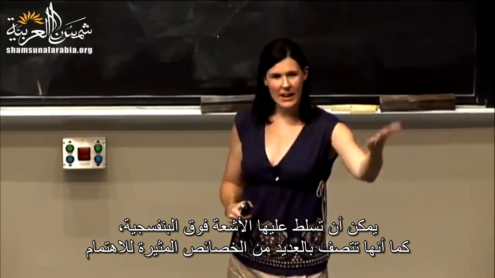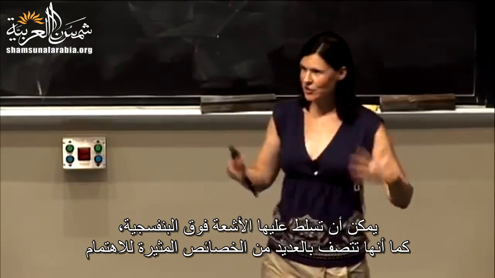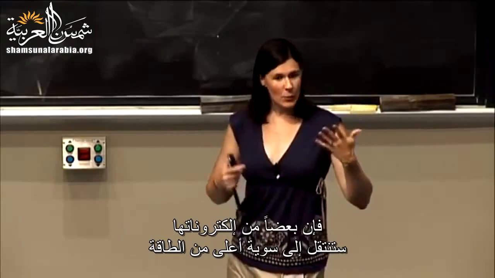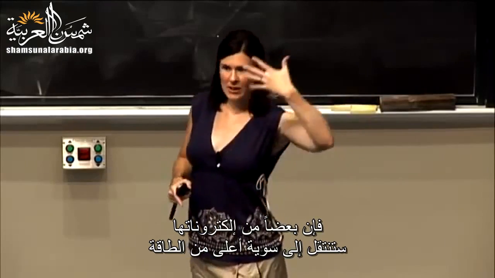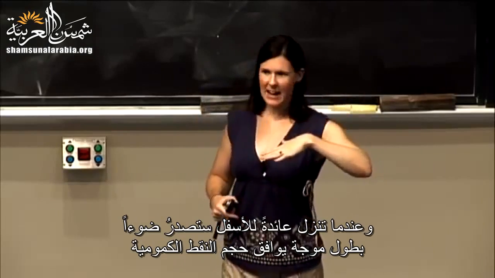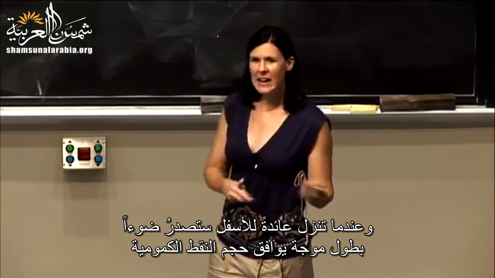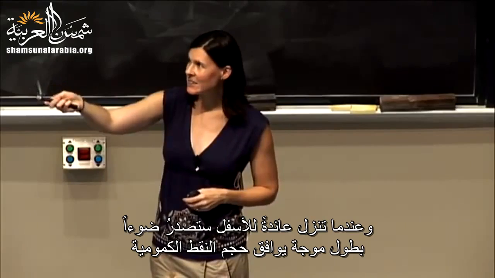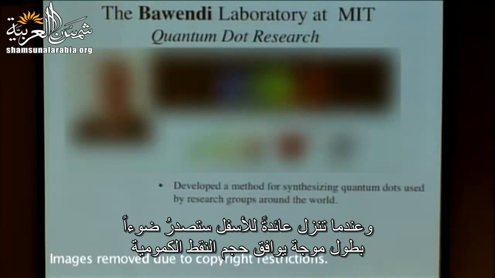And these can be shined on with UV light. They have a lot of different interesting properties, but one I'll mention is that if you excite them with UV light, they will have some of the electrons move to a higher energy state. And when they drop back down, they actually emit light with wavelength that corresponds with the size of the actual quantum dot.